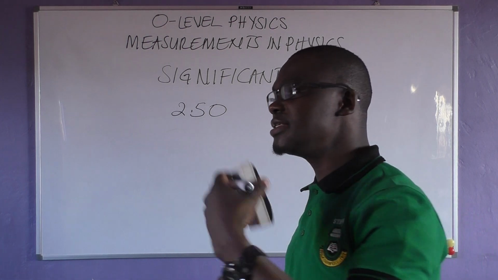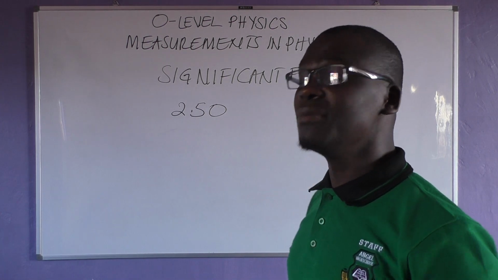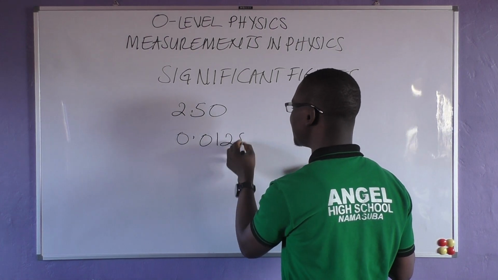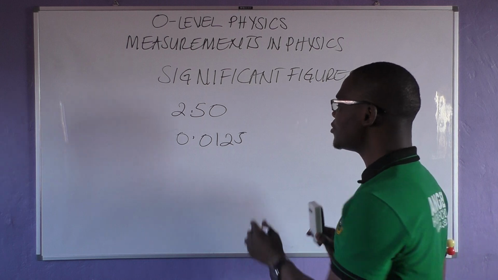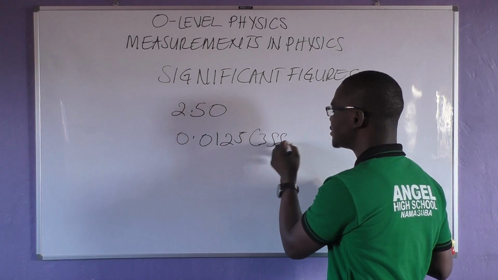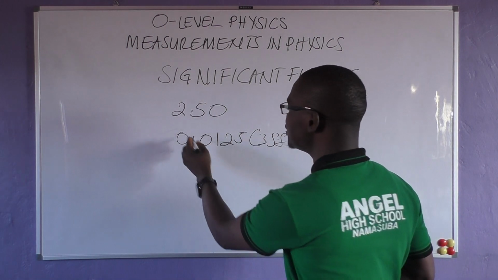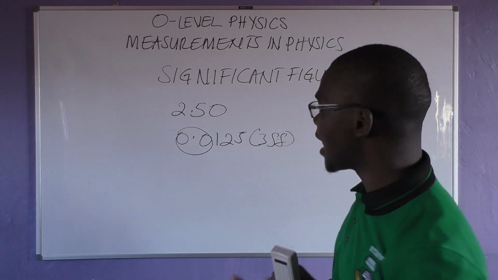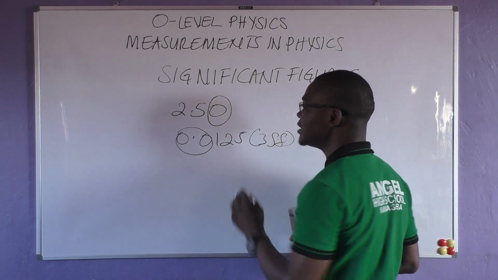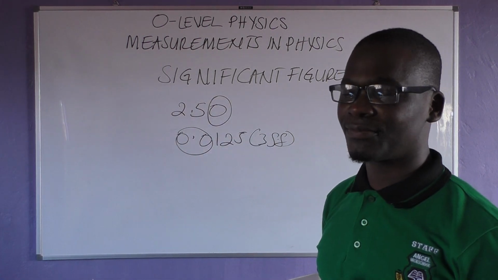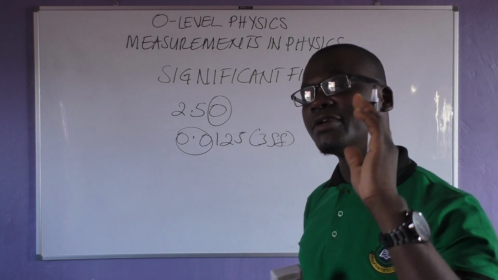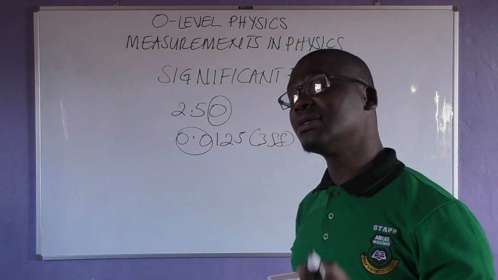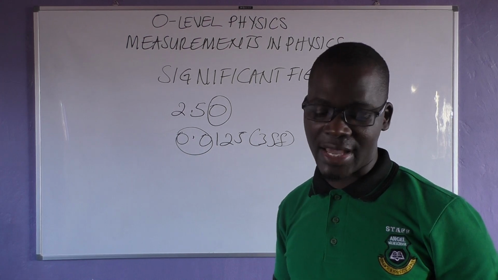So those are trailing zeros, or they can even be preceding zeros. For instance, 0.0125. Here we shall only have 3 significant figures. These zeros are not significant, and this 0 is also not significant. So those are the 4 rules of determining the significant figures.